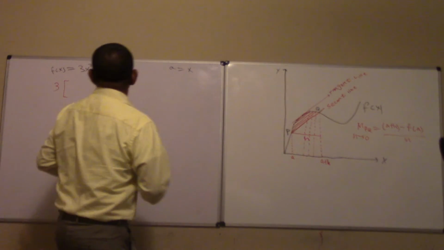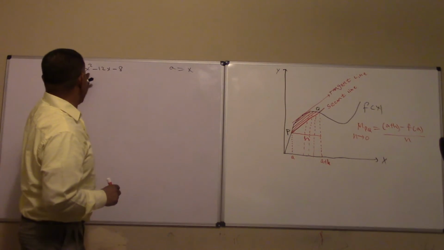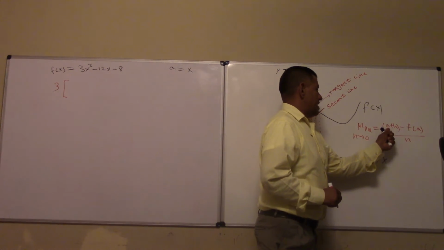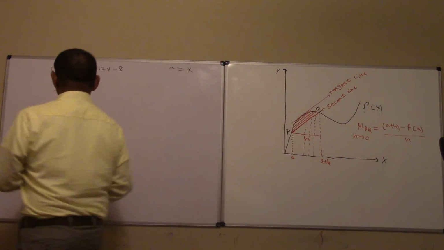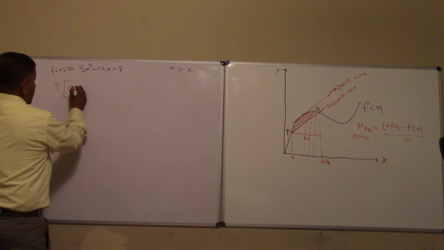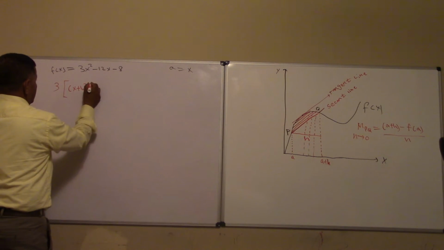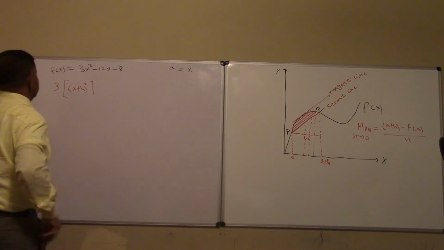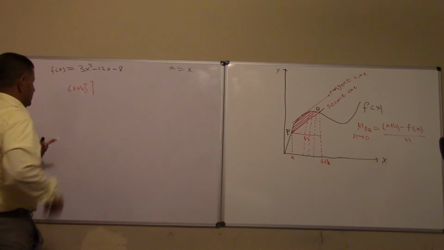Okay, so using that definition, we can do this. Everywhere where I see an x, I want to replace it by a plus h. But because a equals x, I can just say x plus h, squared. Actually, I think the best way to do it will be like this.